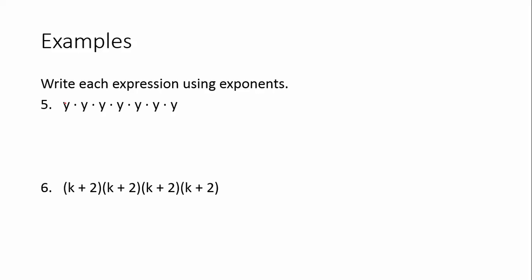So we have y being multiplied 1, 2, 3, 4, 5, 6, 7 times, so that's y to the 7th. Here we have k plus 2 being multiplied 4 times, so we want to keep the k plus 2 in parentheses because it's the k plus 2 that's being multiplied. So k plus 2 to the 4th power.